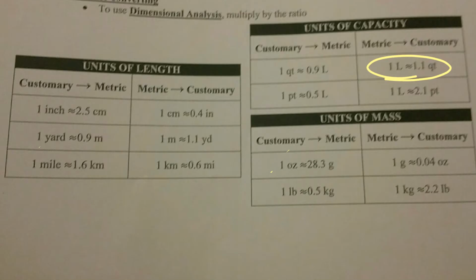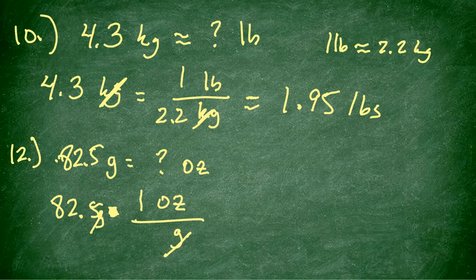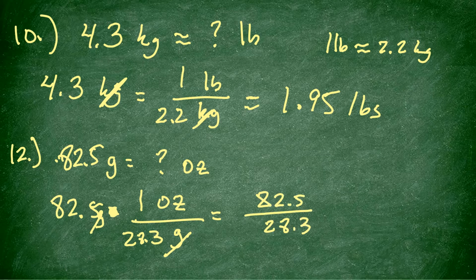Let's double check. 1 ounce is 28.3 grams. So I end up with 82.5 all over 28.3, and that's going to give me my ounces. So 82.5 divided by 28.3 is about 3.3 ounces. And that's it for 12.